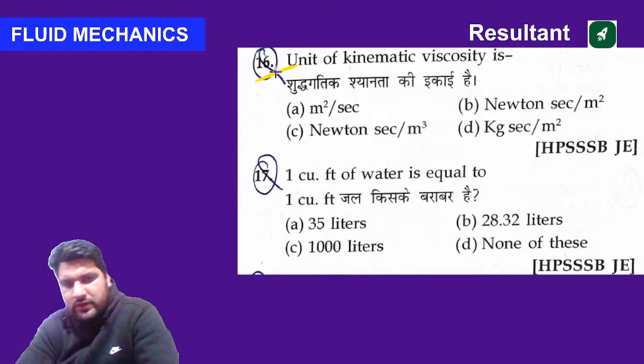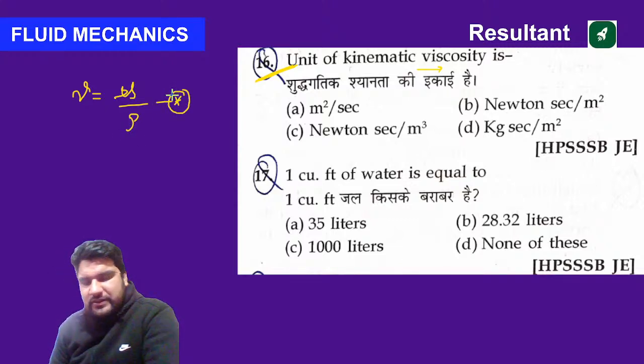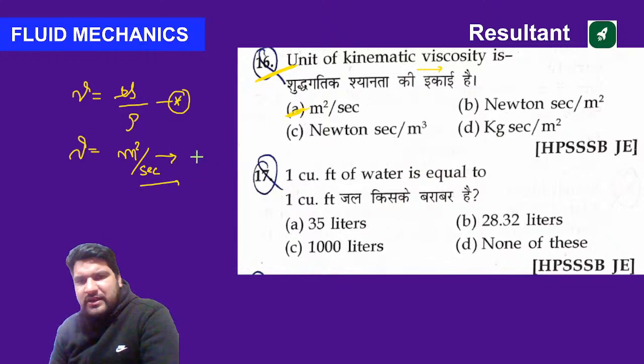The first is the unit of kinematic viscosity. Kinematic viscosity is denoted as nu, and that is dynamic viscosity divided by density. Your kinematic viscosity has the units of meter square per second, so you'll go with A. This is the SI unit, and there is also the CGS unit.